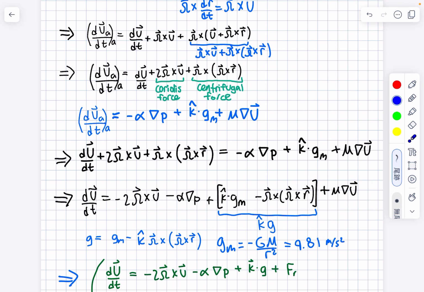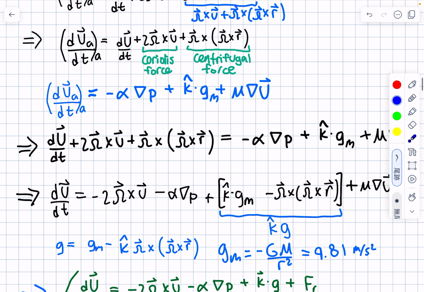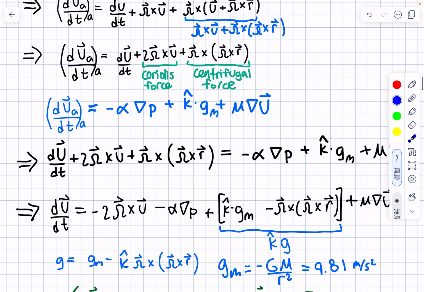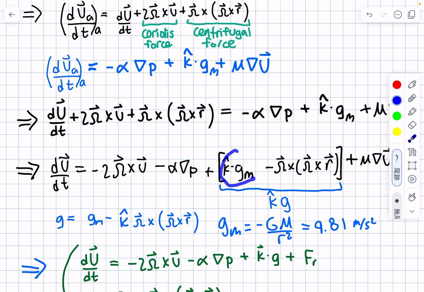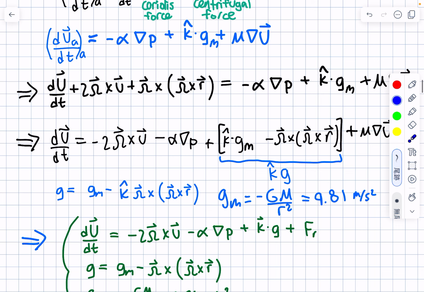And we can subtract this term on this side and this term on this side, and we will get du dt not in the rotating form. This term is equal to negative 2 omega cross u minus the pressure gradient force plus this k dot gm.